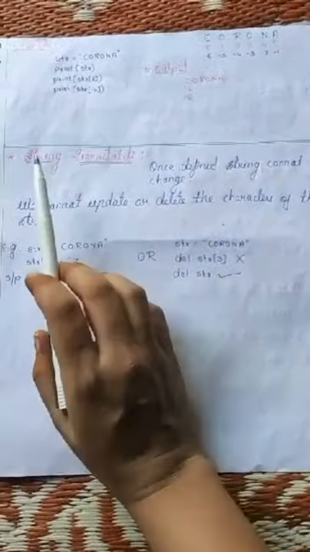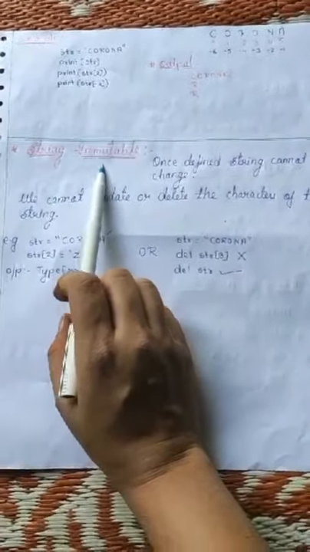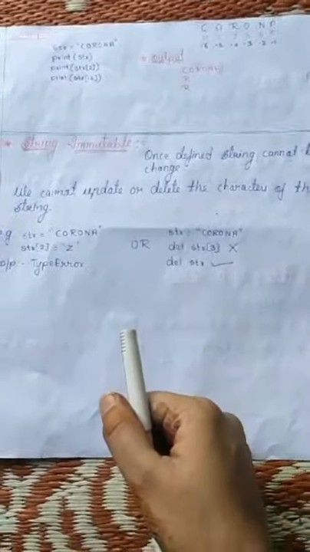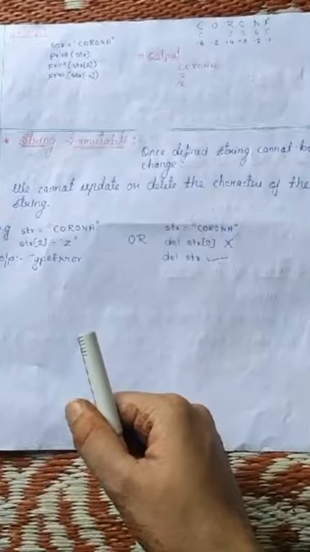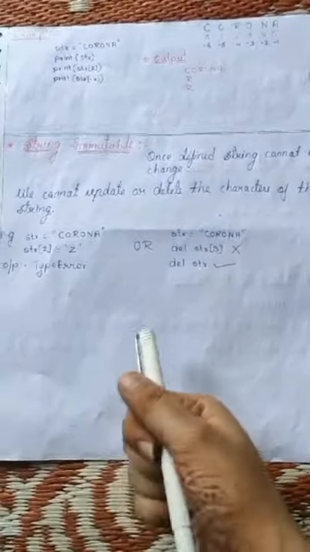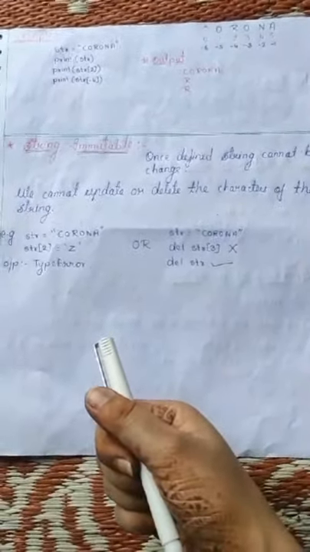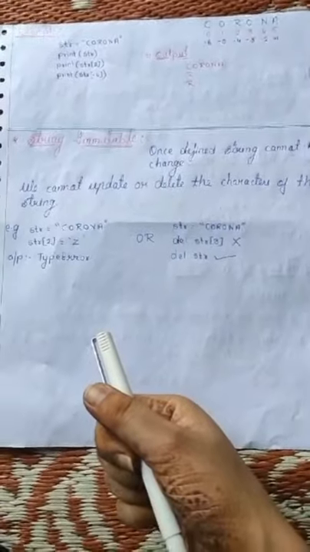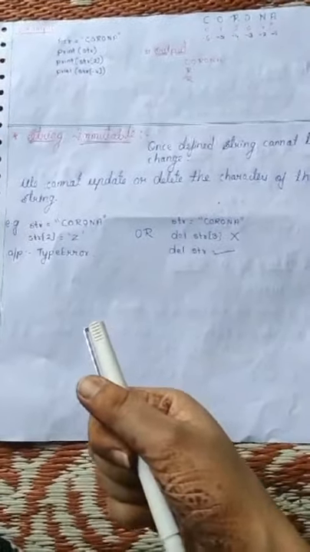Now let's see the next part. The next part is that strings are immutable. So what do you mean by immutable? Immutable is nothing but that the string which is declared is non-changeable. That means we cannot make changes in the string. What do you mean by making changes in the string?